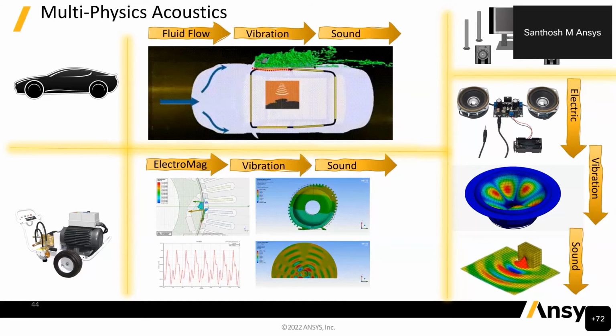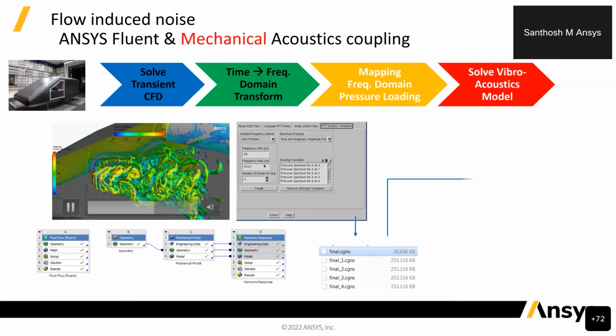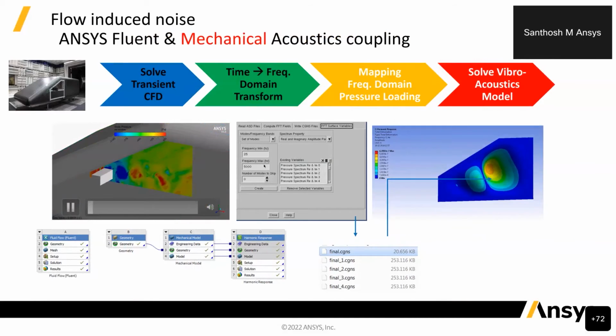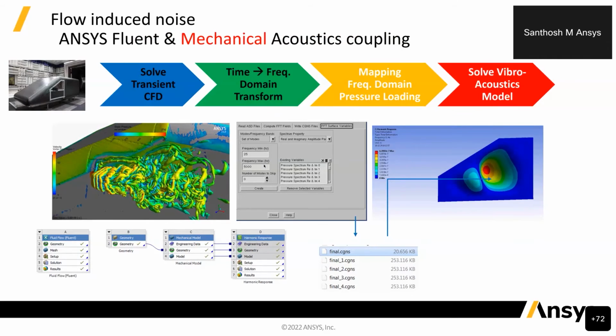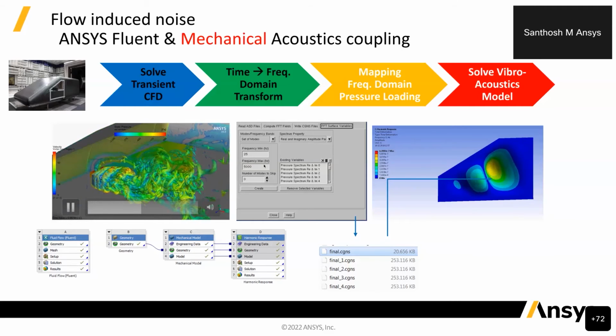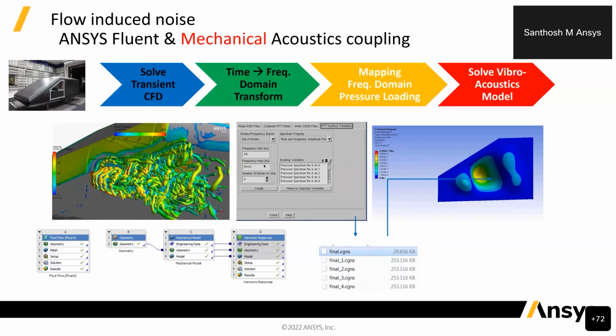This fluctuating pressure will make the glasses vibrate. In turn, the glass will start radiating noise inside the cabin. So the entire workflow starts with solving a full-scale turbulent transient CFD analysis to see the pressure fluctuation on the glass. Then we export those data after doing a Fourier transform.